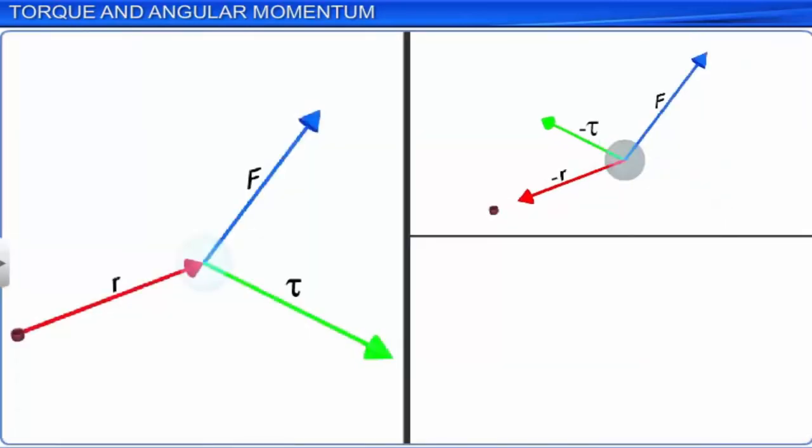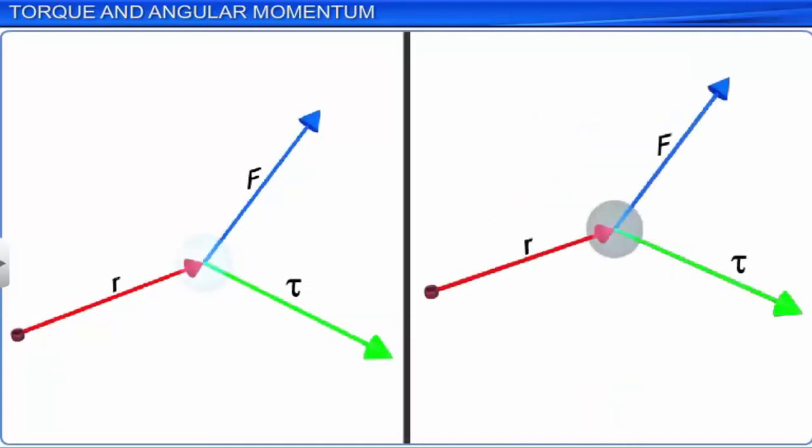If either the direction of r or the direction of F is reversed, the direction of tau is reversed. If the direction of both r and F is reversed, there will be no change in the direction of tau.